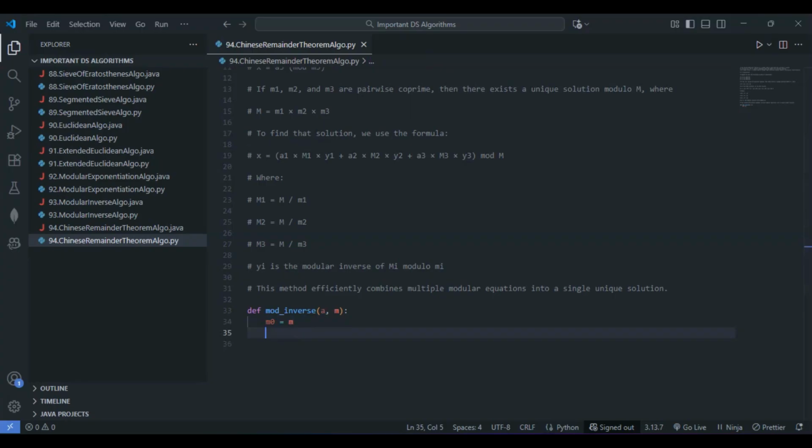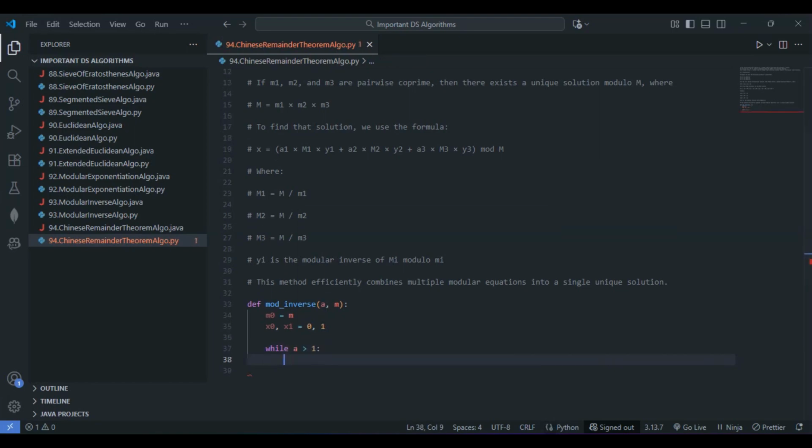Next, let's initialize the variables for the x and y coefficients: x0, x1 assigned 0 and 1 respectively. Now the third step: let's continue until a becomes 1, so I'll use a while loop. While a is greater than 1, q is the quotient, so q equals a divided by m.